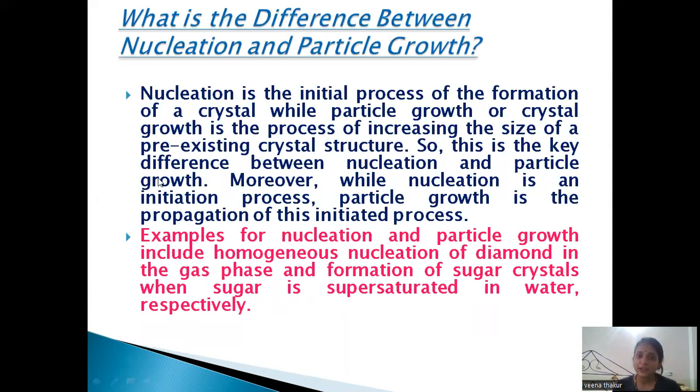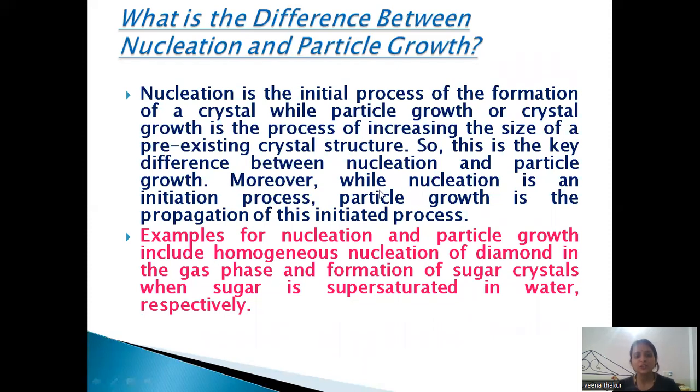Now, let's see the difference between nucleation and particle growth. As we already discussed, nucleation is the initial process of the formation of a crystal, while particle growth or crystal growth is the process of increasing the size of the pre-existing crystal structure. So this is the key difference between nucleation and particle growth.